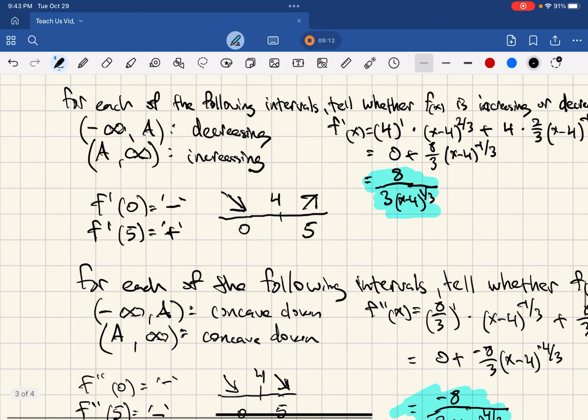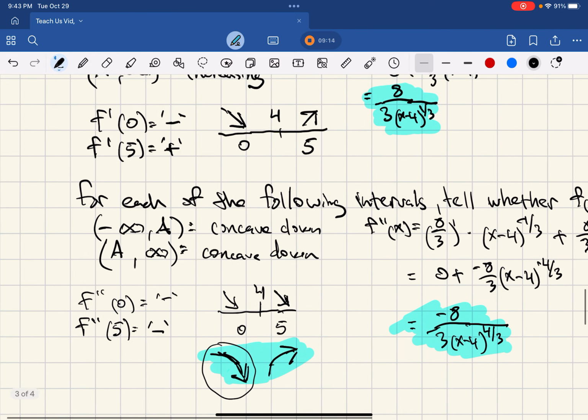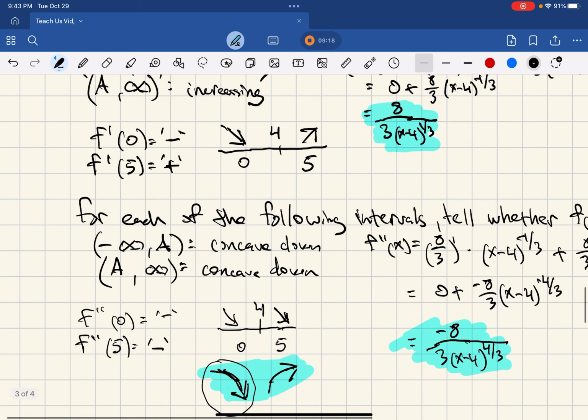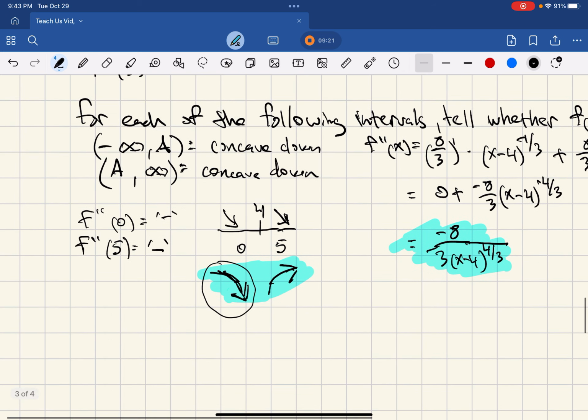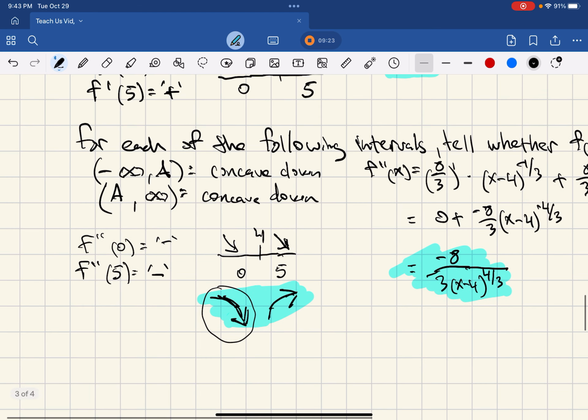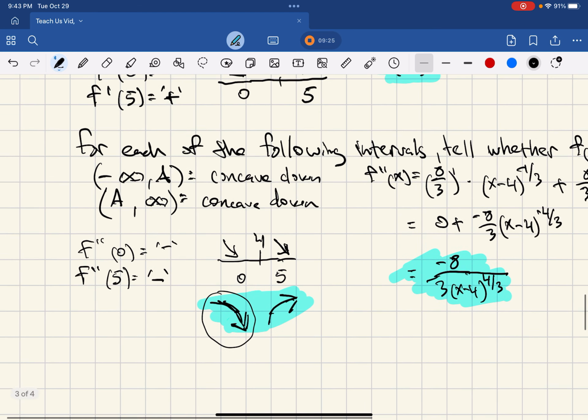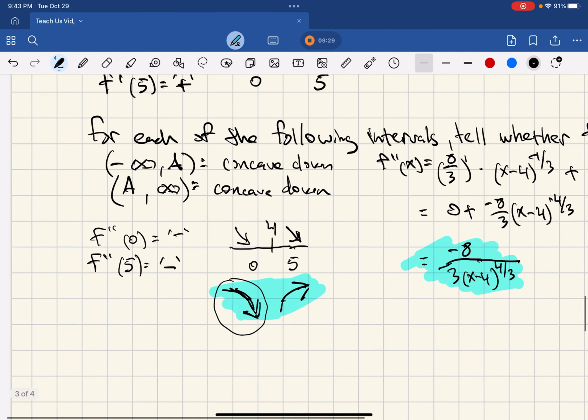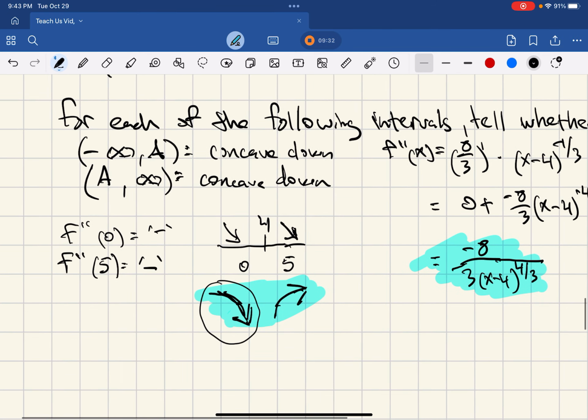And for the interval where I picked 5, our first derivative was positive, so it was increasing. But when we plug that same value of 5 into the second derivative, we get a negative value. So that's concave down.